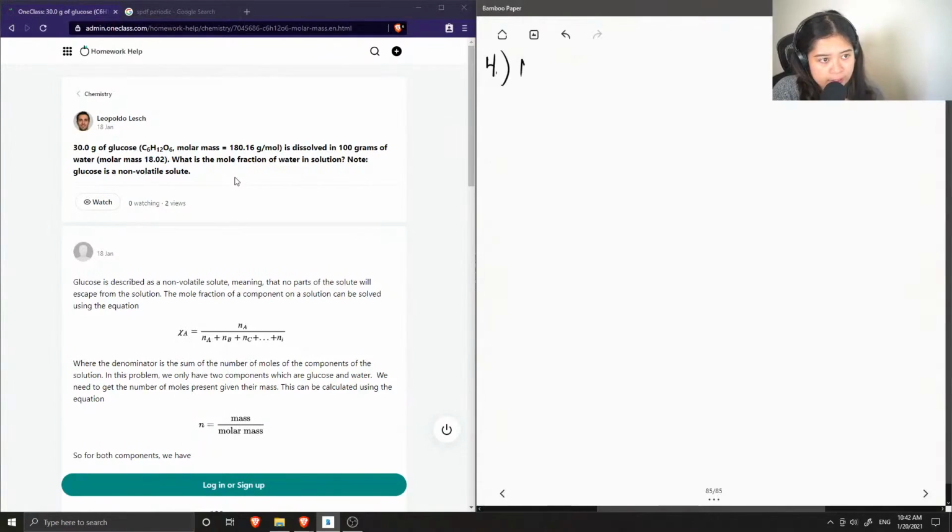Okay, so first let's define what a mole fraction is.